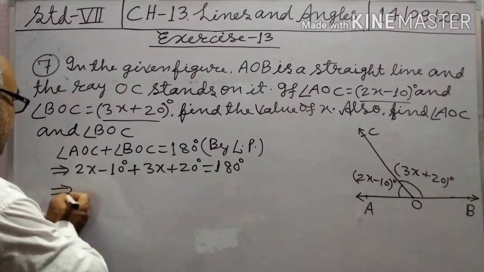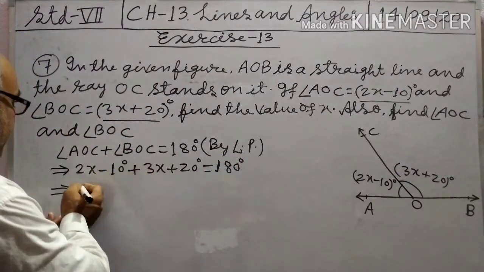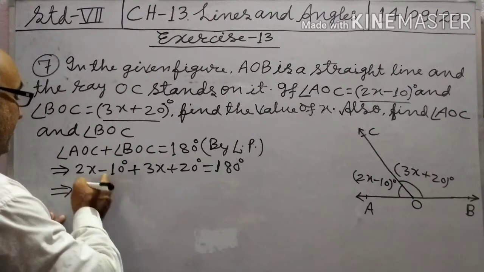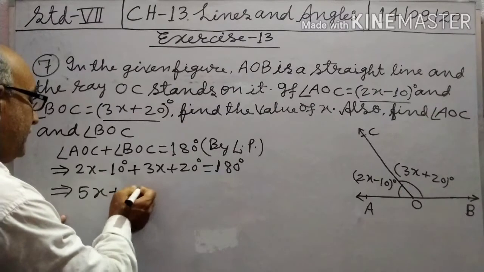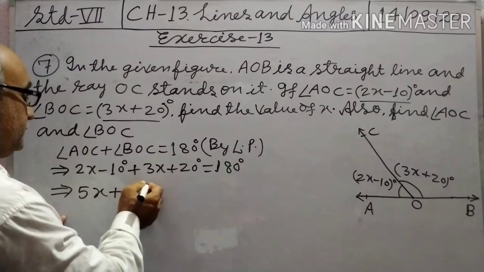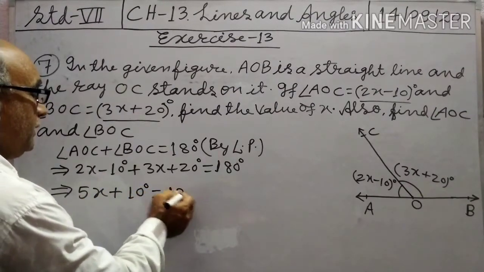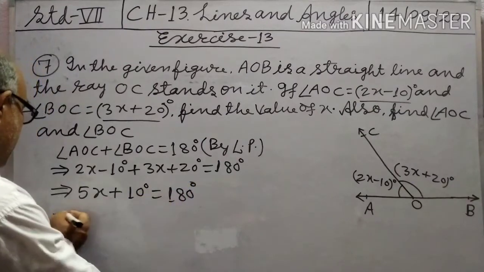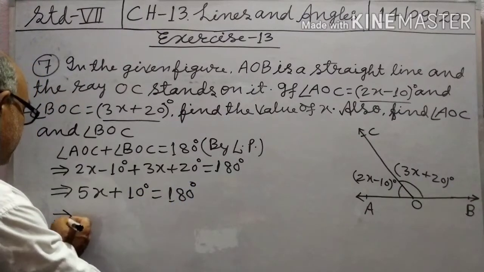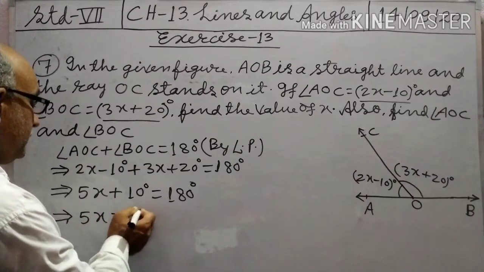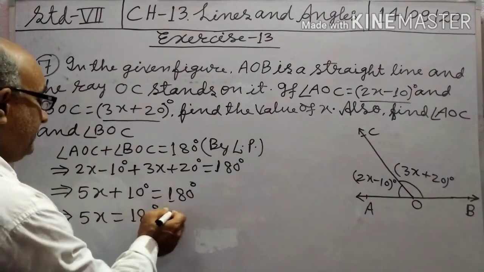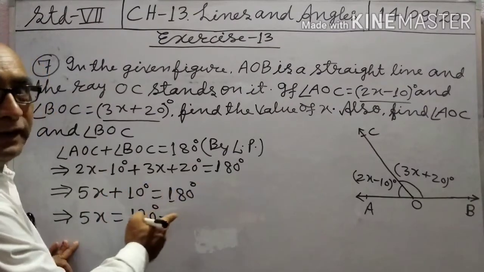Next step, 2x plus 3x equal to 5x, minus 10 degree minus 20 degree, so minus 30 degree, equal to 180 degree. That implies 5x equal to 180 degree plus 30 degree by transposition.